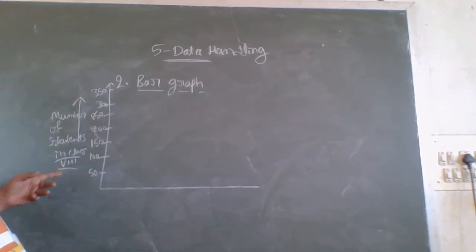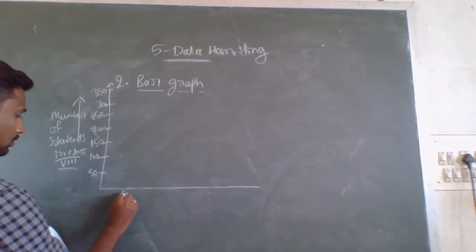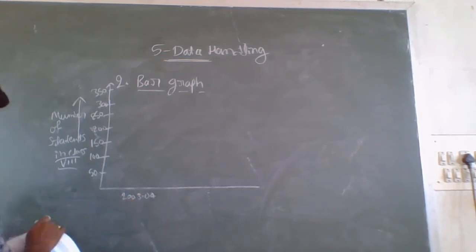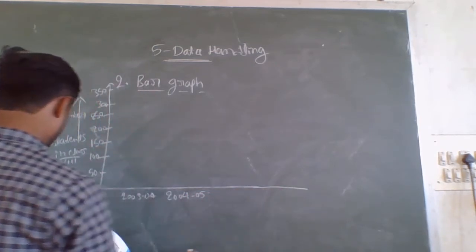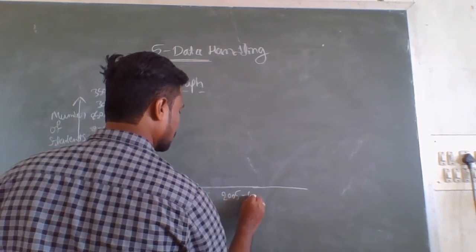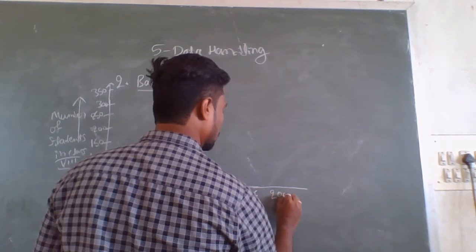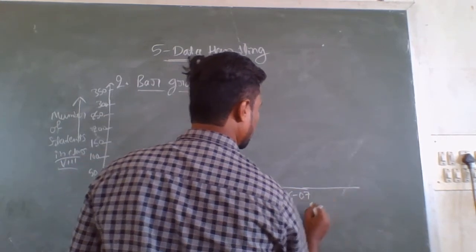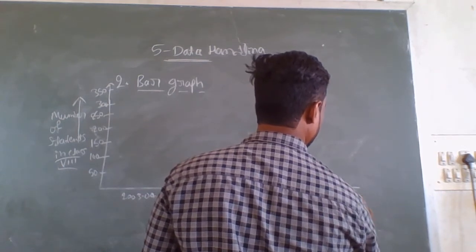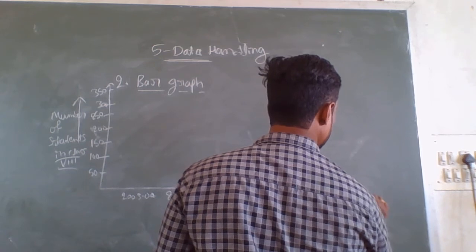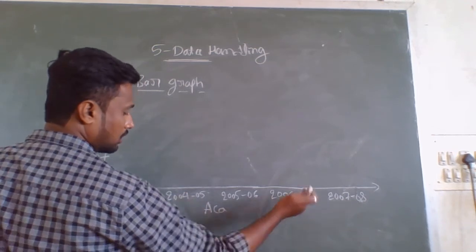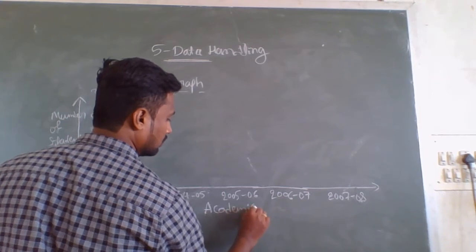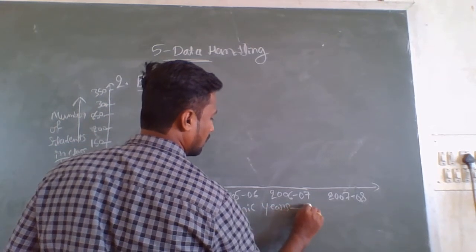So this represents number of students in class 8, and here 2003 to 4, 2004 to 5, 2005 to 6, 2006 to 7, 2007 to 8. So this represents academic years.